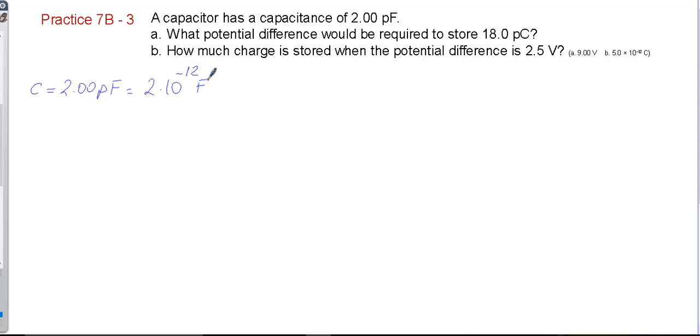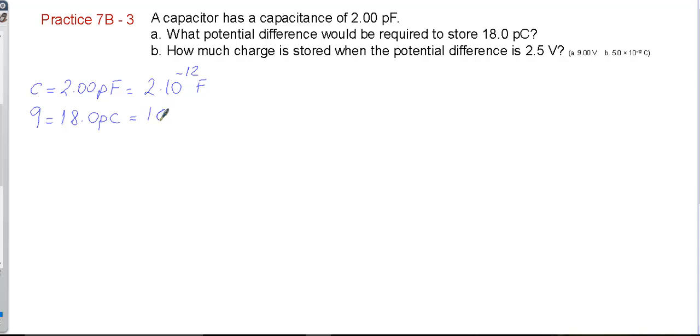And then, what potential difference would be required to store 18 picocoulomb of charge? Q is given, it says 18.0 picocoulomb. Again, instead of pico, I will convert it to coulomb.